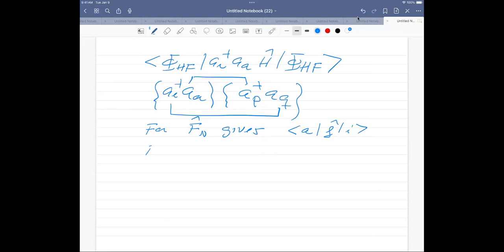Then when we go to the two-body operator, then what we have is the state AI, the one particle, one hole state. And this is now contracted with a two-body operator.